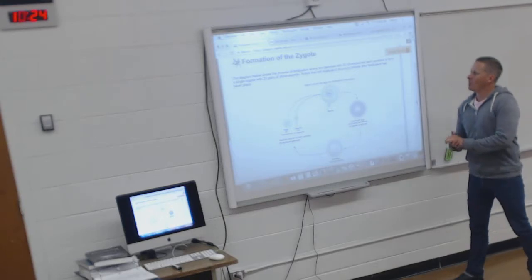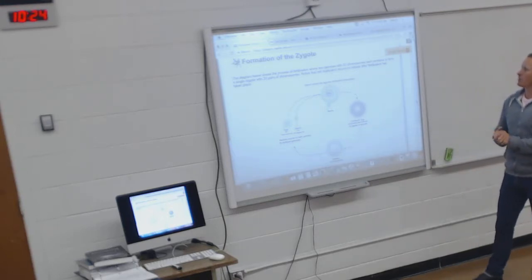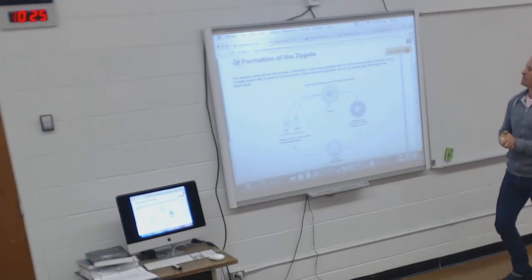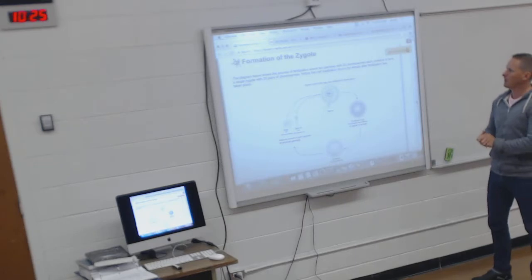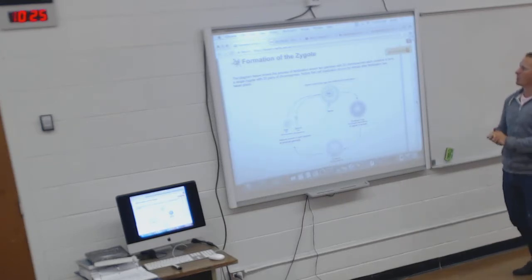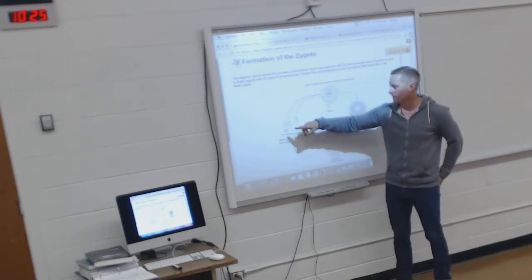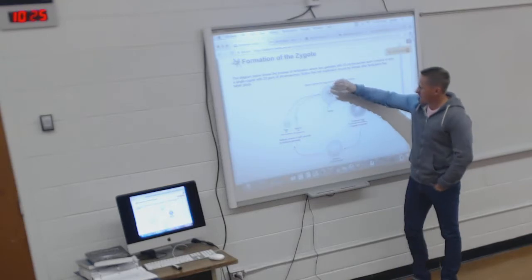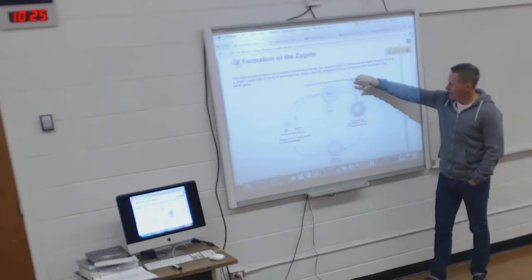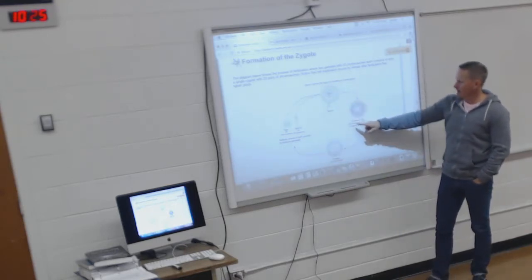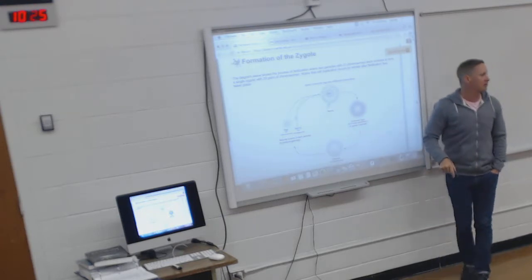So the diagram below shows the process of fertilization where two gametes with 23 chromosomes each combine to form a single zygote with 23 pairs of chromosomes. Notice that the cell duplication occurs by mitosis after fertilization has taken place. So you've got your egg and your sperm. They come together right here. And at that point, you get your 23 pairs of chromosomes.